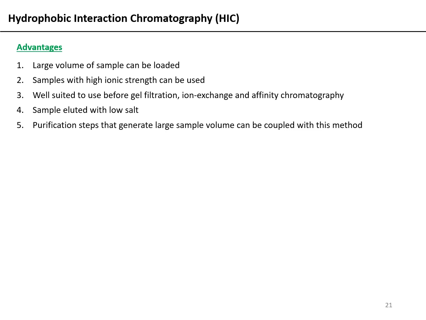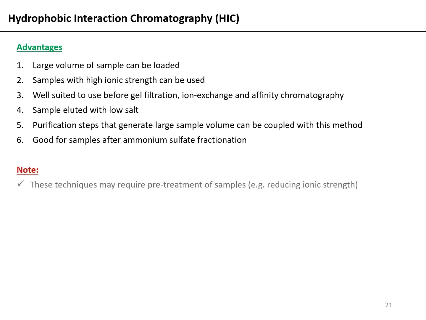Purification steps that generate large sample volumes can be coupled with this particular method. It is good for samples after ammonium sulfate fractionation. Why? Because once you have done ammonium sulfate fractionation, your solution has a high ionic strength, so these samples can be directly applied onto HIC without requiring any further modifications.